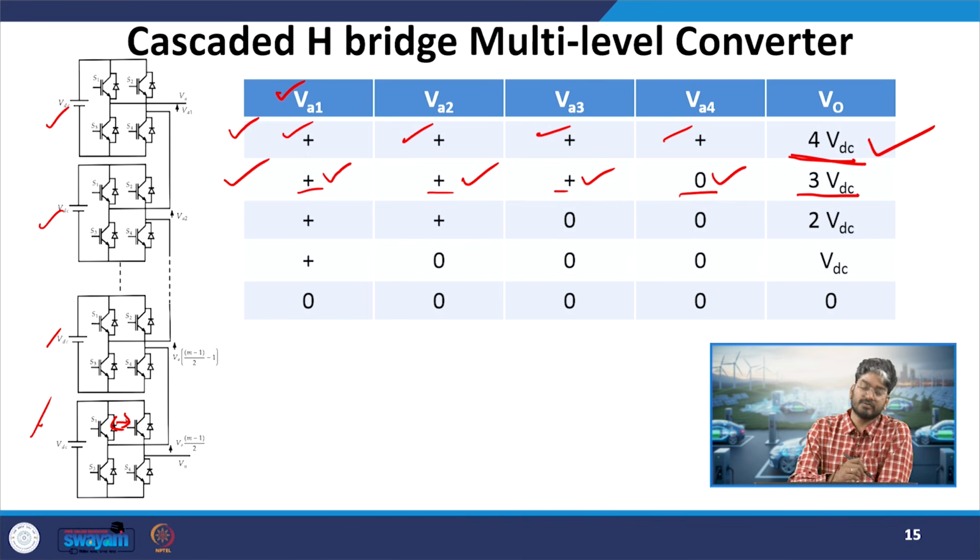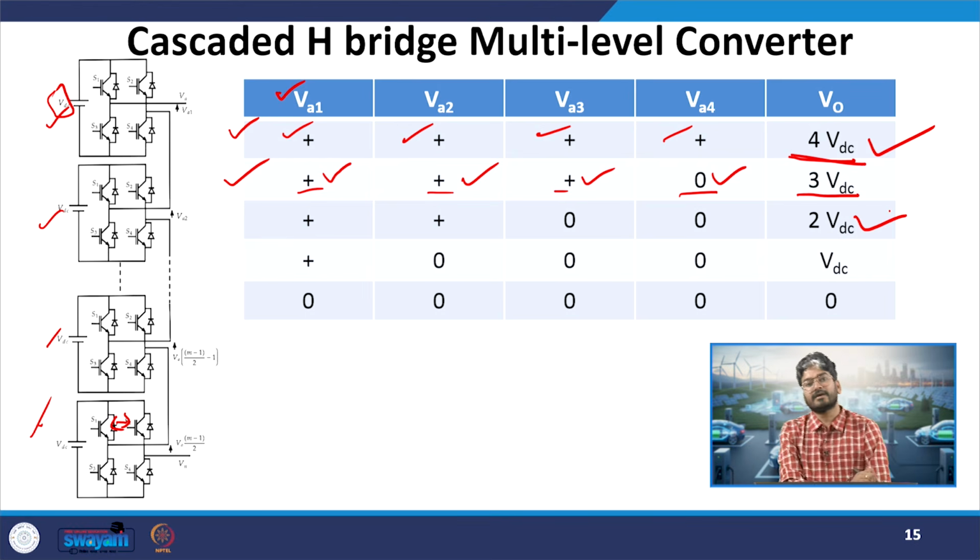So I can again use these redundant combinations to balance out the voltages if we have capacitors instead of DC sources over here. Okay. Now this next combination, 2 VDC, again here I am using 2 cells to generate positive voltage, and 2 of them are in the bypass mode. So it will again give me 4 different combinations.